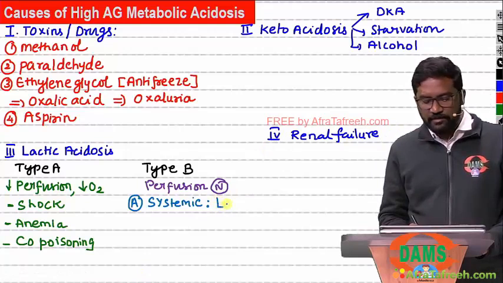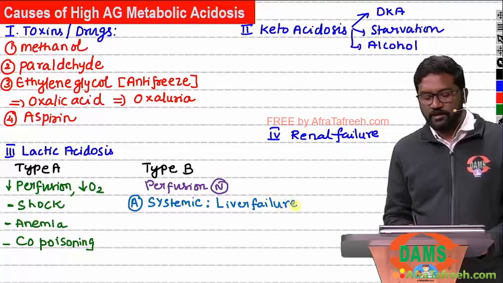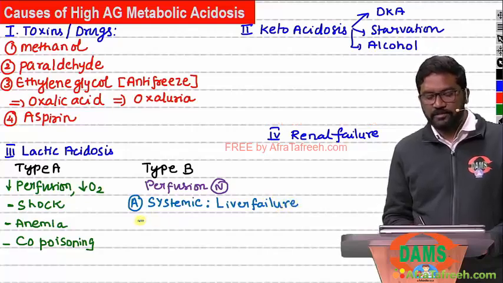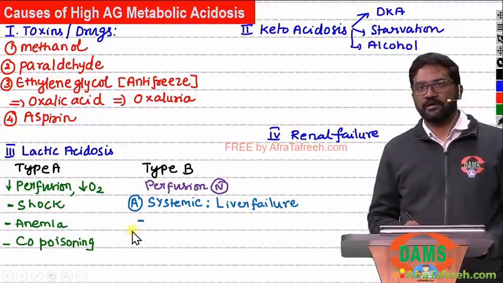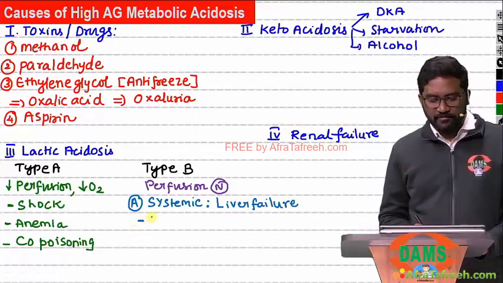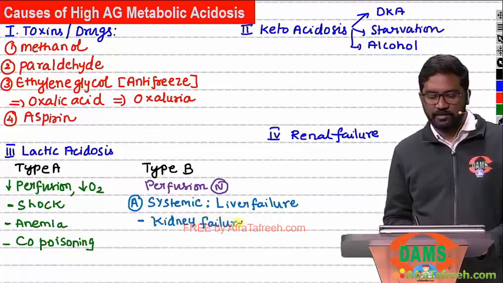So whenever there is liver failure, lactic acid accumulates. Number 2 system is your kidney. Kidney excretes excess lactic acid. Whenever there is kidney damage, kidney failure, lactic acid will not be excreted, it accumulates.